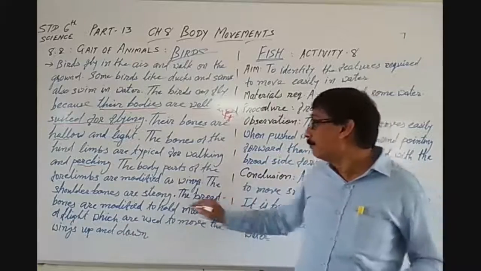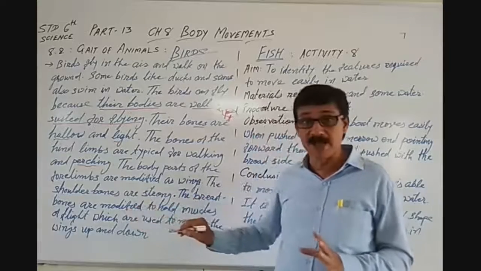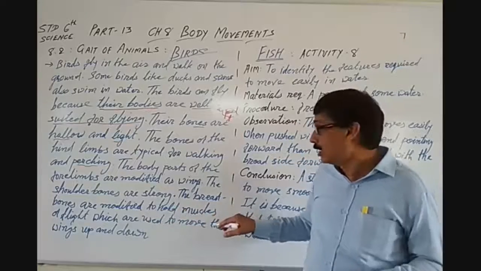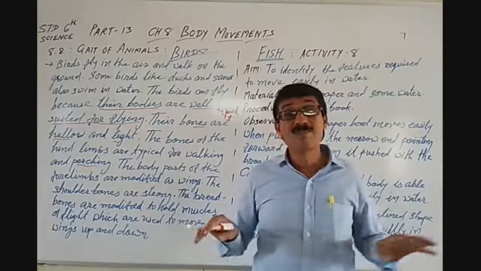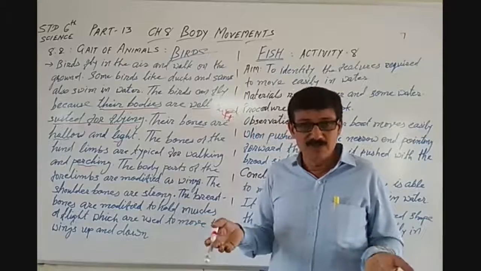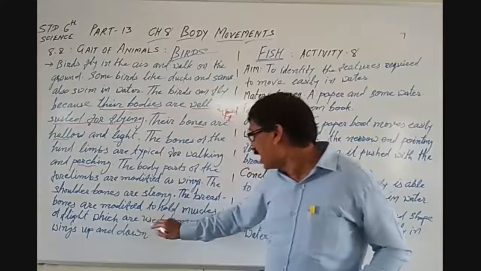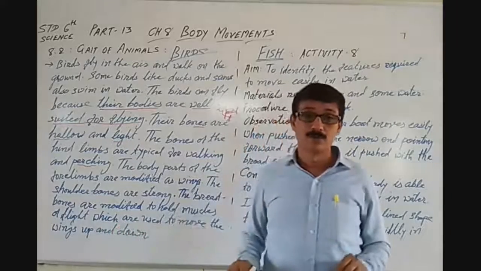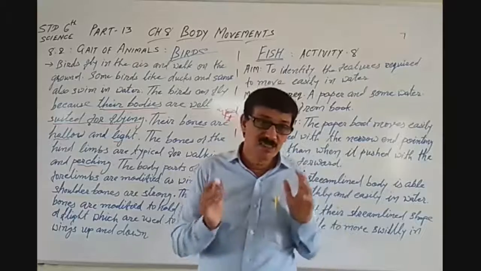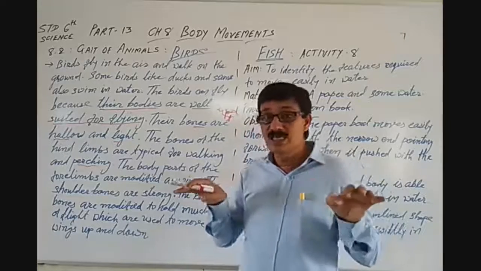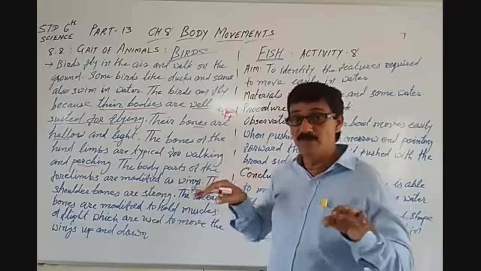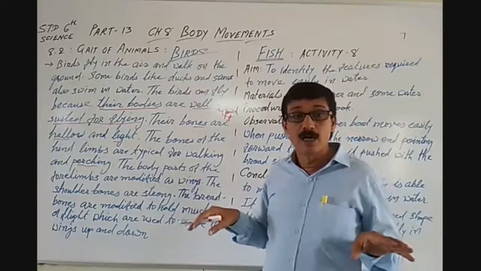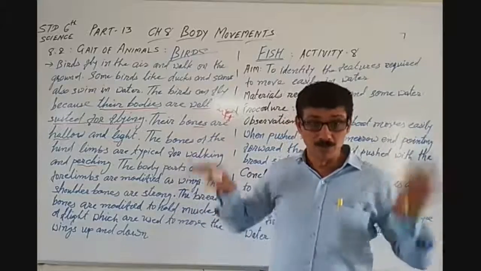See, the breast bones are modified to hold the muscles of flight. मतलब wings we can say flight, which are used to move the wings up and down. वो जो breast bones होते हैं वो ऐसे modified होते हैं which hold the muscles of the flight, so that the wings can move up and down like that.